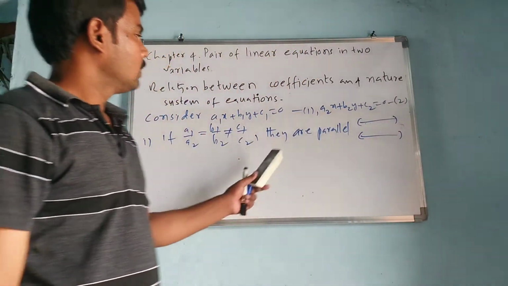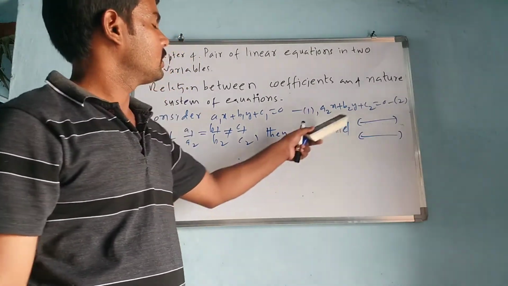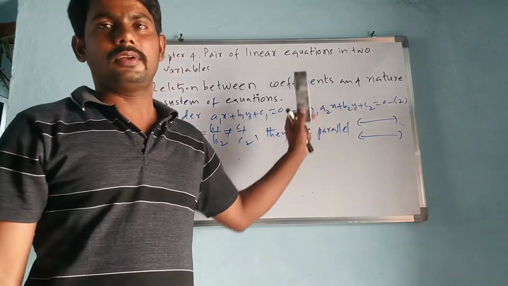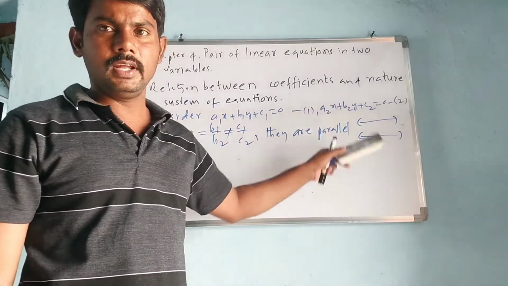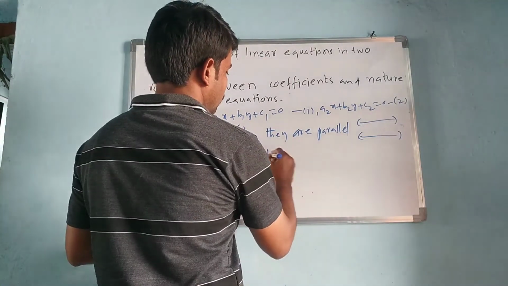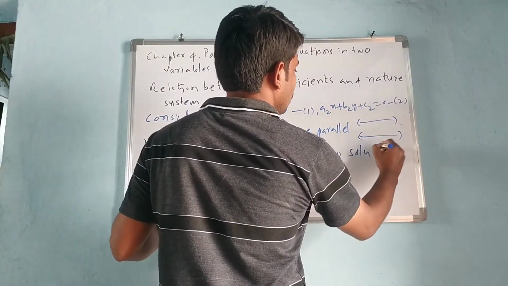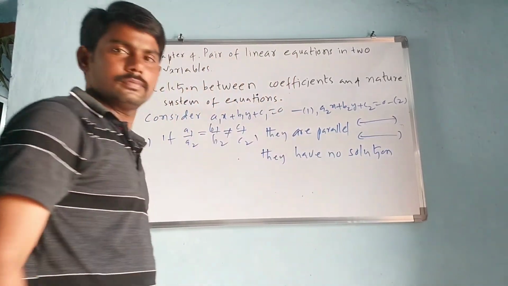So clearly, if they are parallel, there is no solution, as they are not intersecting at a point. So they have no solution.